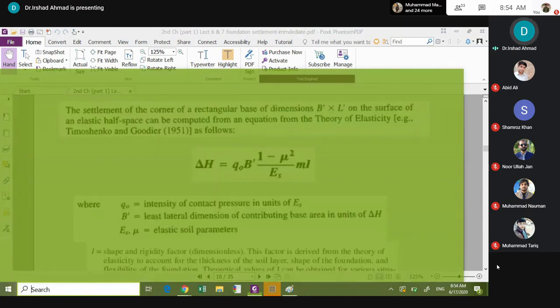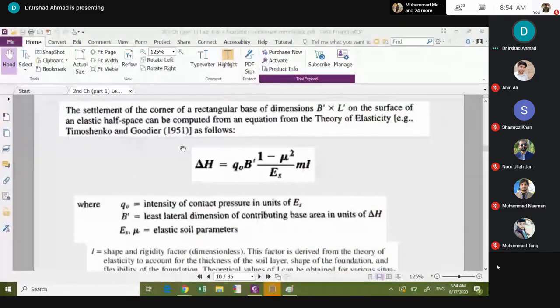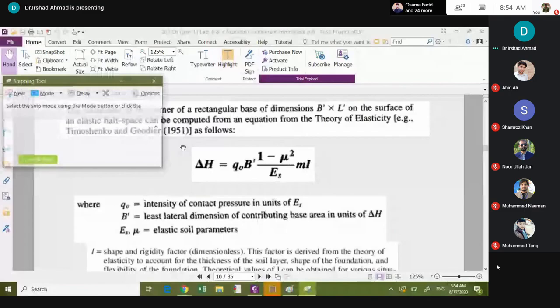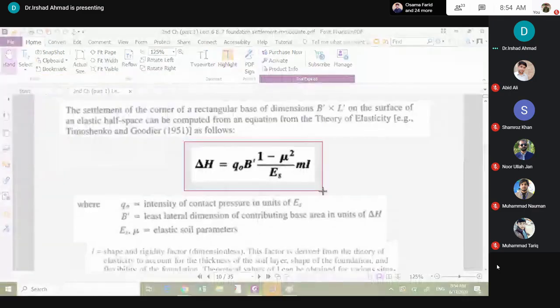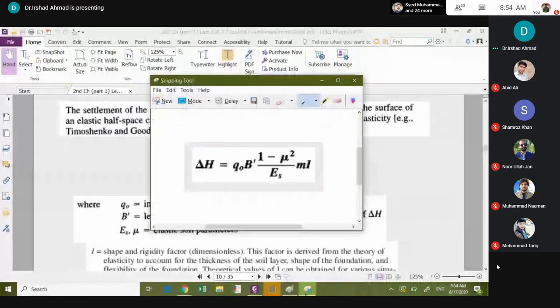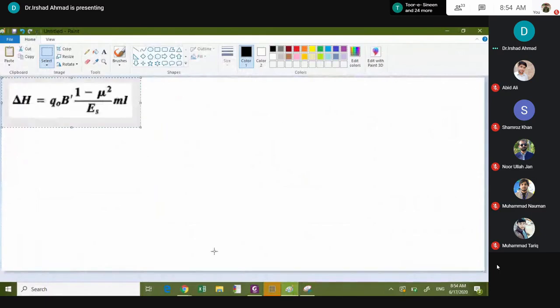Let me snip this equation for you. Here it is. So this is the equation. I want to explain to you what B prime and M are.